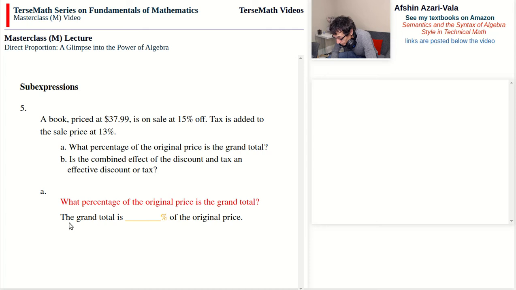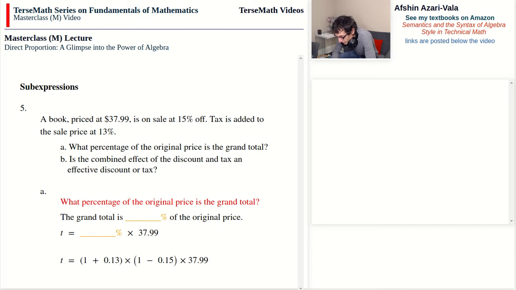So the answer would be: the grand total is some percentage of the original price. We have to find out what that value is. To work it out, in mathematical notation, that sentence I can write down as T, the grand total, is some percentage of the price. If we can figure out this number, we have answered the question.